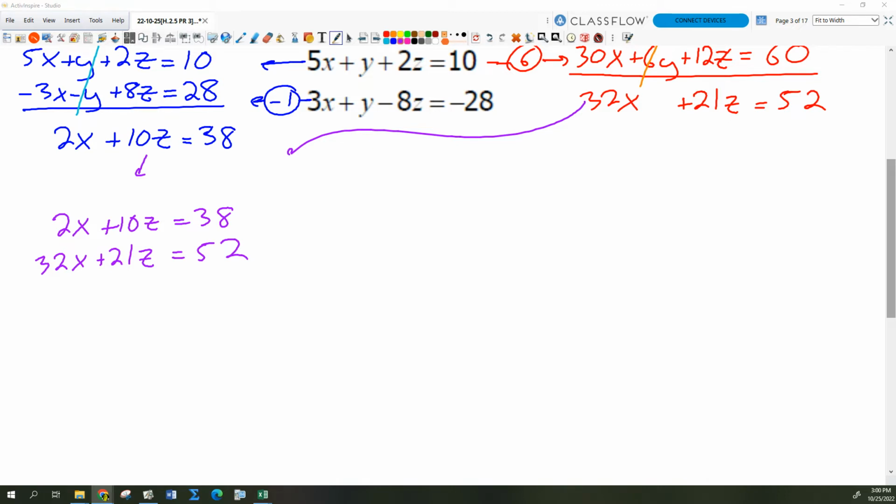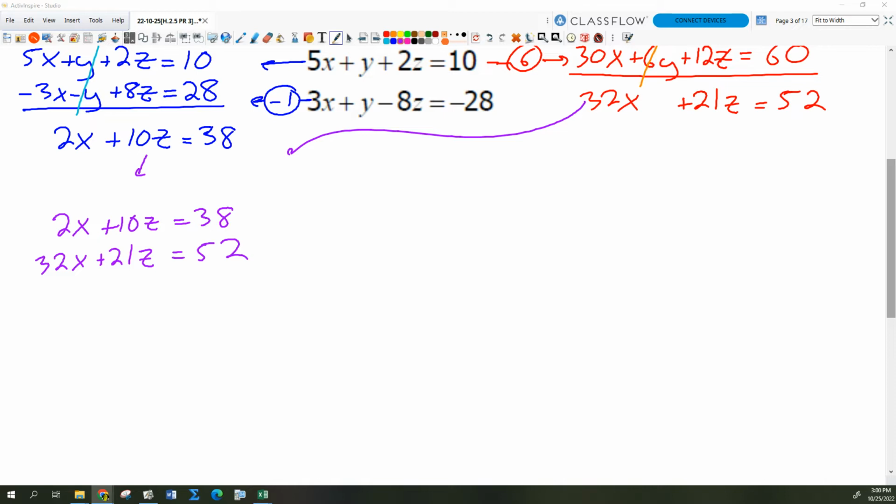So which variable should I eliminate? X. Yeah, x. So what do I have to do to eliminate x? Can you just multiply the whole thing by negative 1 on the top? No. Negative 16, because I got to get opposite coefficients, right? So I'm going to need a 32x and a negative 32x, right?